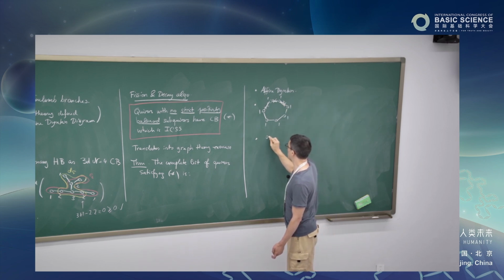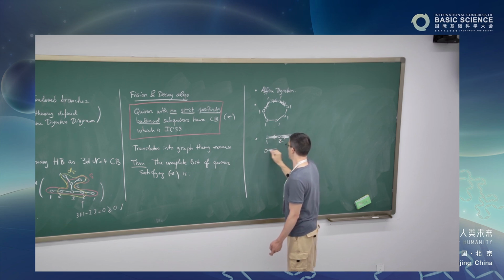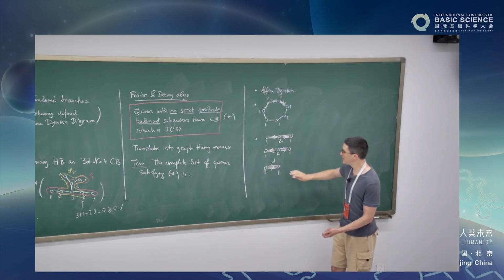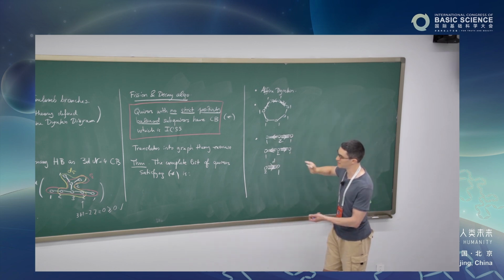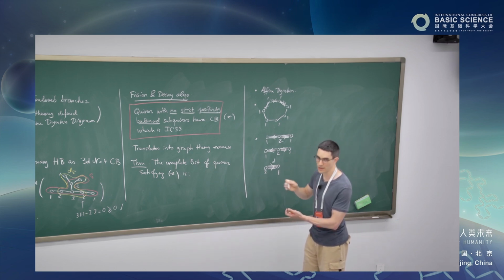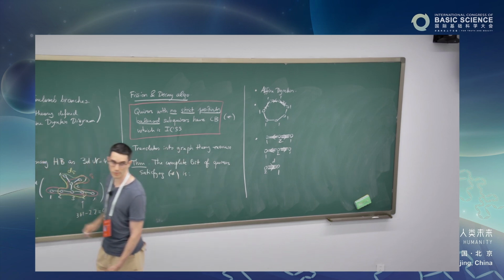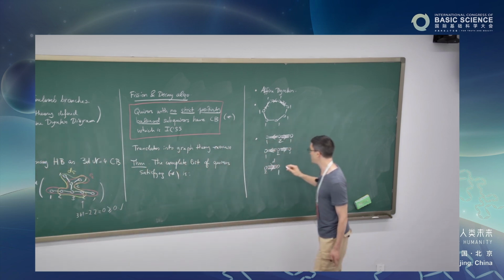And so one such family of exceptions is something like that, 1, 2, 1, with 3 arrows, 2, 1, and then there is 2, 1 with this. I didn't explain what these arrows mean, but you can think of it as defined by fixed loci of a discrete group acting on Coulomb branches of other quivers.